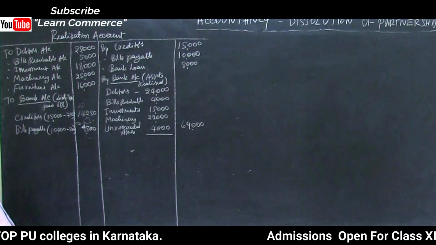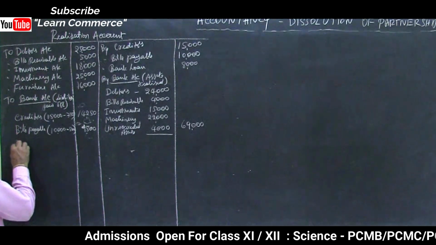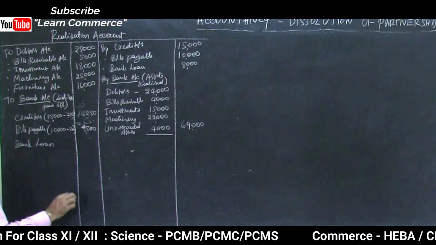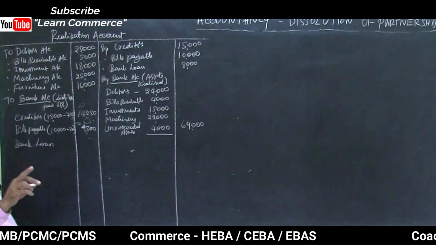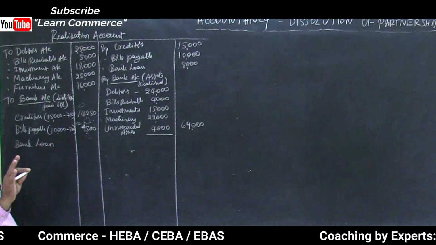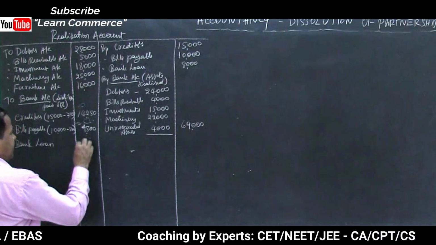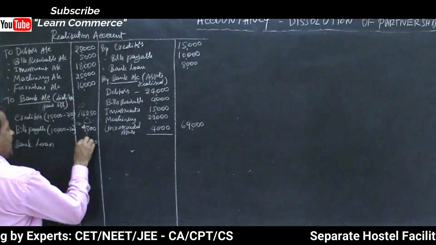Then comes bank loan. Nothing is mentioned regarding this, remember, but still we have to make payment. I told you while taking up the theory class itself, if nothing is mentioned, still we have to pay off the liabilities, isn't it? So 8,000 we have to pay. Whether it is mentioned or not, we must pay the liabilities.